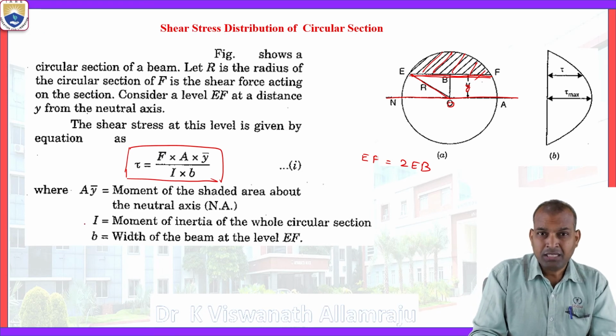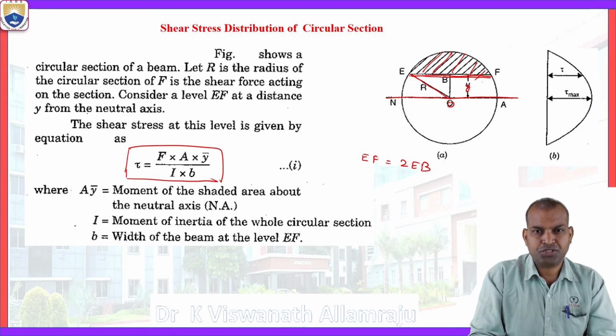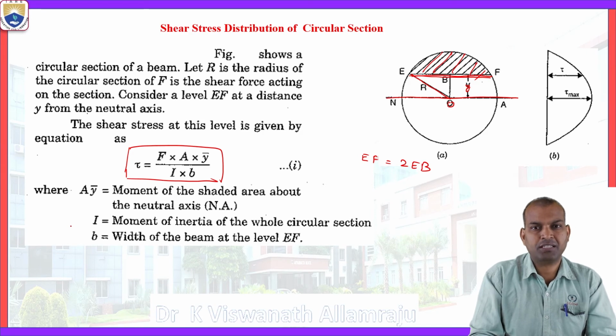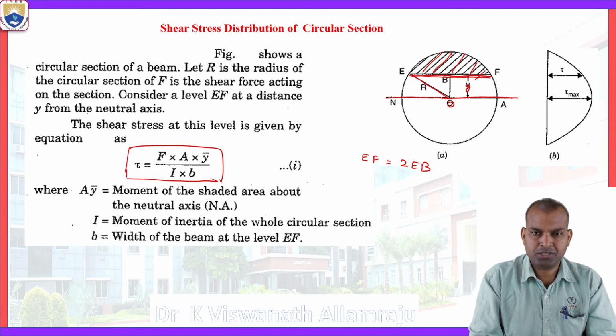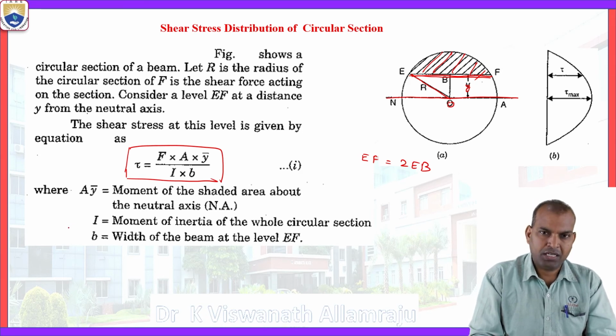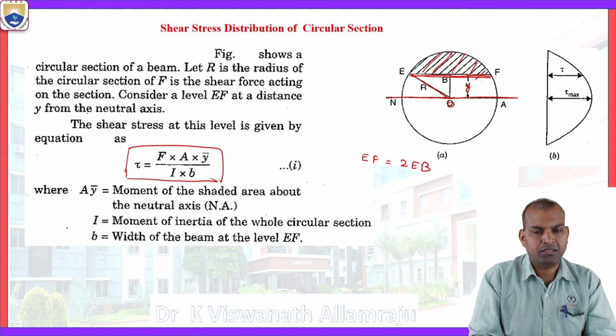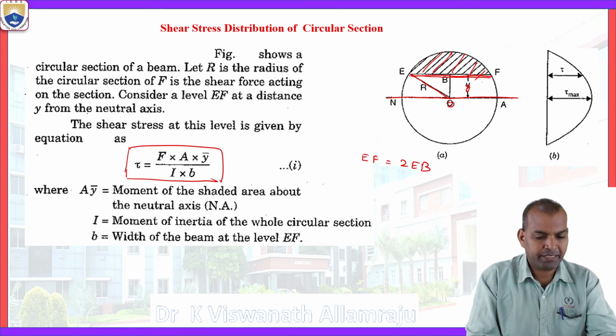Prove that the maximum shear stress of a circular cross section is 4/3 of the average shear stress. For that question, the answer is, you have to start by writing the figure.